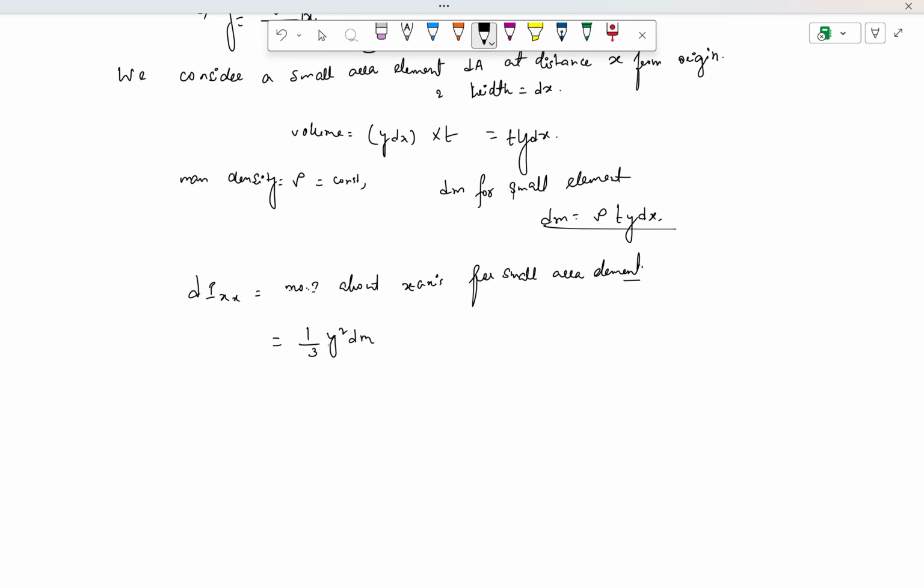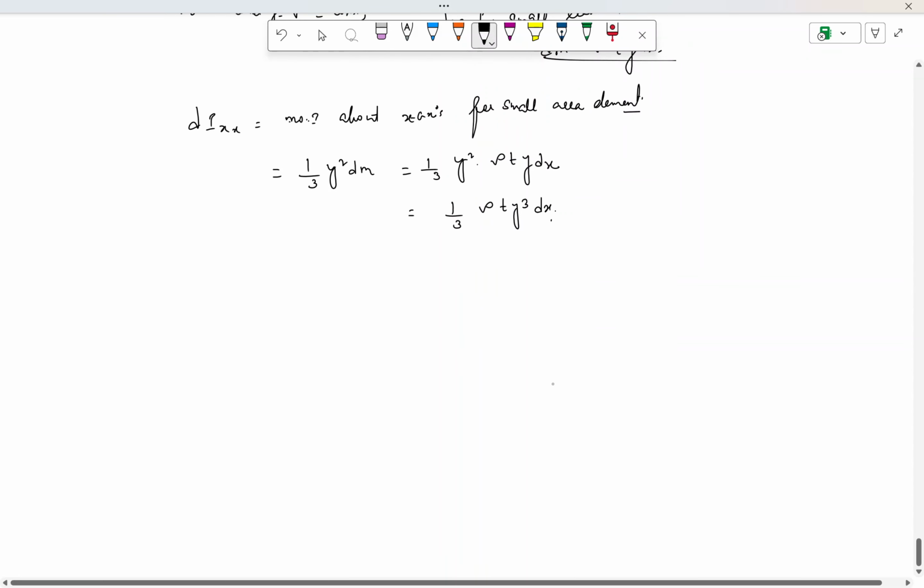So unlike other cases, it has all three dimensions involved, x, y and z, and it is stretched through all three dimensions, because of which we have to take this 1/3 factor for getting this dIxx. And this 1/3 y squared dm is equal to 1/3 rho t y cube dx.